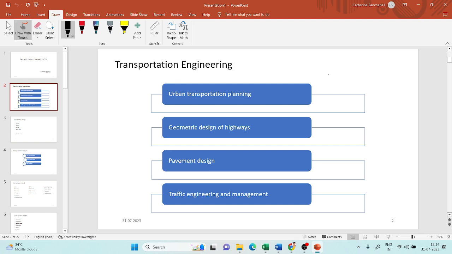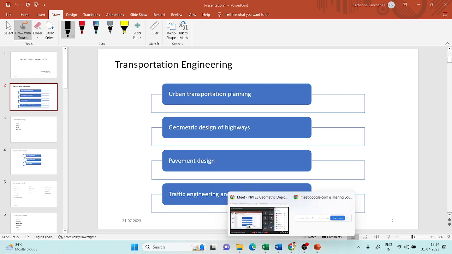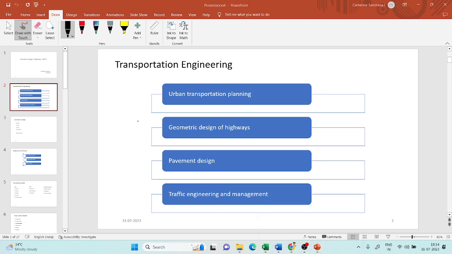Once you have your roadways, how they can efficiently work is taken care of by traffic engineering, wherein you work with signals, road signs, road channelizations, and road markings for efficient movement of traffic. Now, let us move on to our area of interest, which is the geometric design of highways.